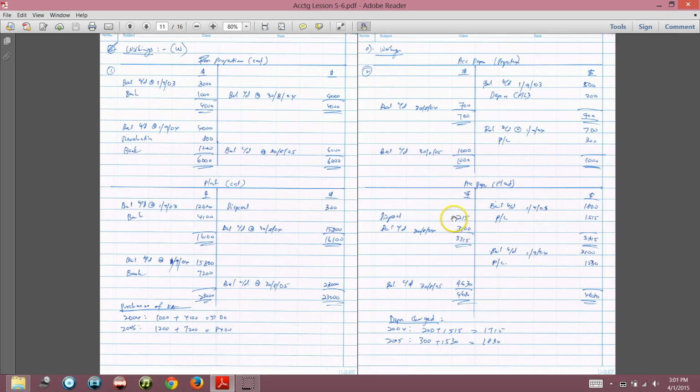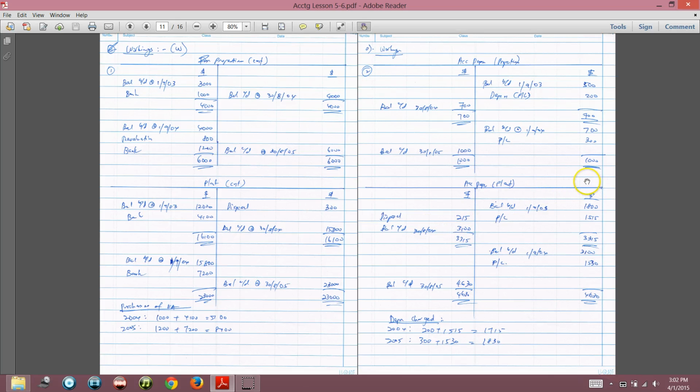Plant that cost 300,000 and the accumulated depreciation was 215,000 was sold during the year 2004. So the accumulated depreciation of the plant sold was initially included inside here. So now we must exclude it because it's sold. Sold means gone out from the company. So the accumulated depreciation of the plant sold we must also take out from the accumulated depreciation. We must exclude it. So over here, this one is a credit nature account.